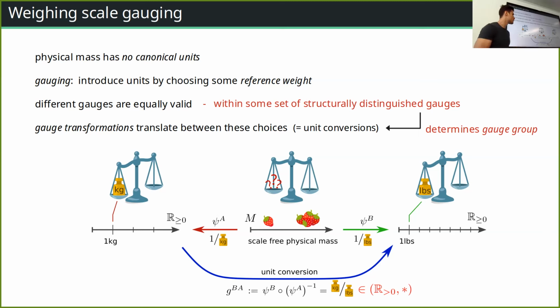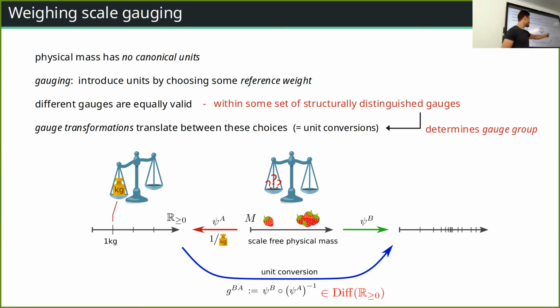And this in particular also determines the gauge group. And in this example here, we measured weight relative to a reference weight. So basically these gauge maps are linear maps here. And then also the unit conversion will just be a multiplication with a positive real number. But you could think about taking a different gauge, which just is a nonlinear function, and then you have these nonlinear axis ticks, and your gauge transformations would then just be diffeomorphisms. So these choices of subsets of preferred gauges and gauge transformations, they are closely related to each other.